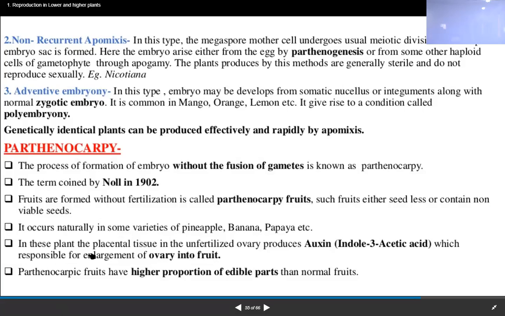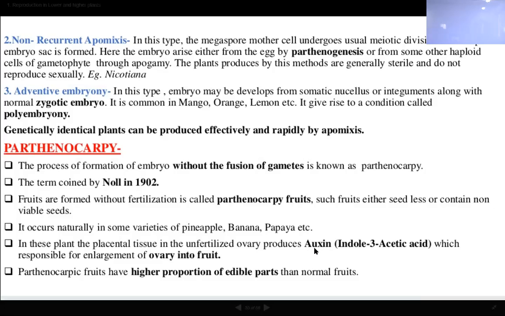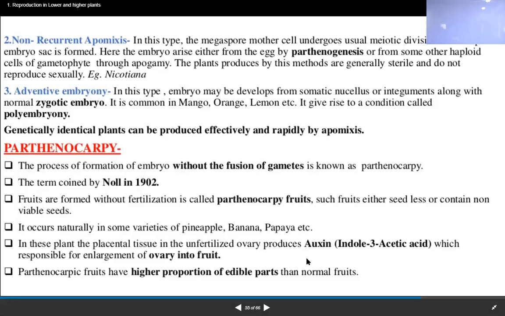In these plants, the placental tissues in the unfertilized ovary produce auxin. Now, have you heard about auxin? Auxin is a plant growth promoting hormone, derived from indole 3 acetic acid, that is IAA, which is responsible for enlargement of the ovary into fruit.